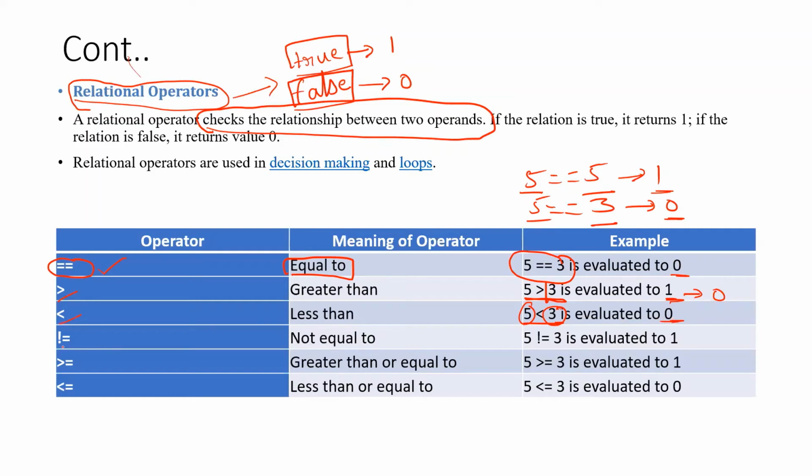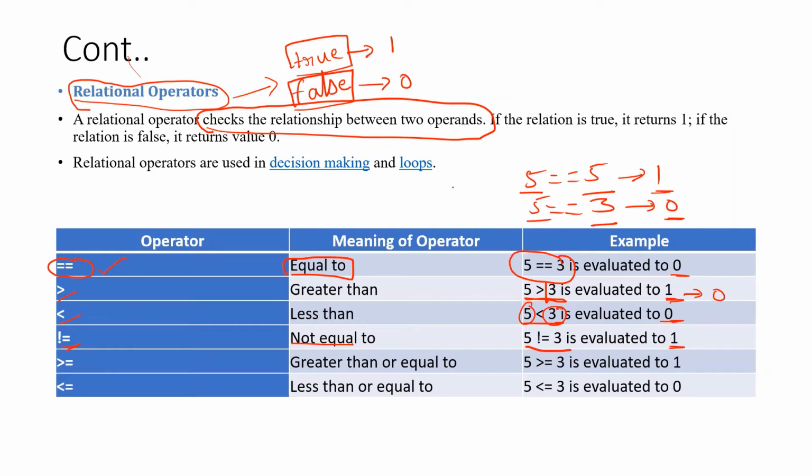Similarly, not equal to, exclamation mark equal to. The symbol indicates not equal to. So, not equal means, are both not equal? If both are not equal, then it returns true. Otherwise, it returns false. So, I am saying 5 not equal to 3. Yes, 5 is not equal to 3. Then it is returning the value 1.